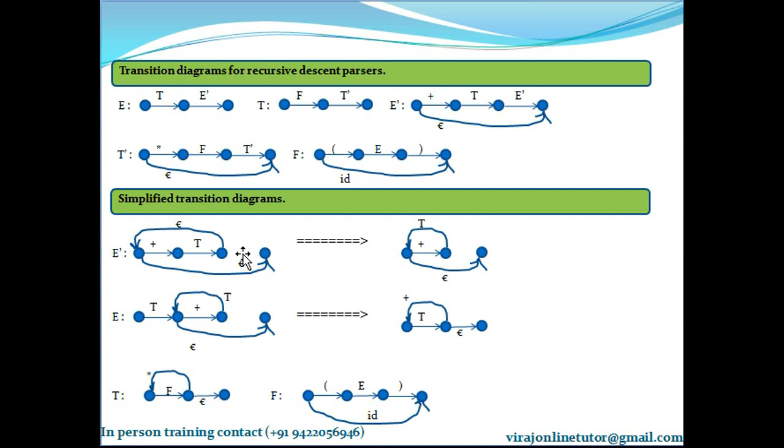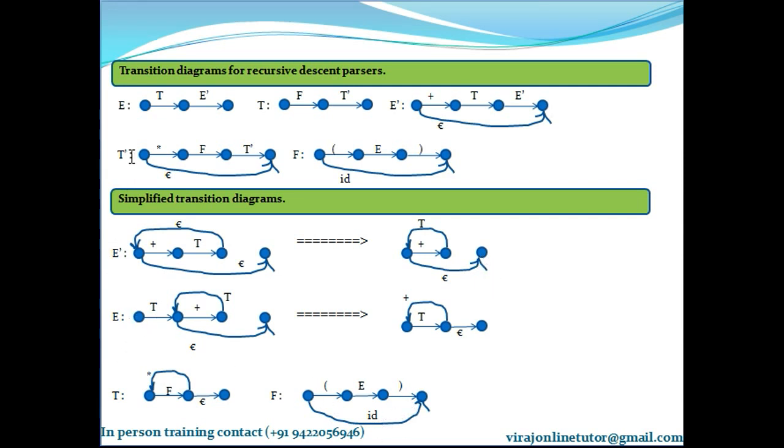So it is plus T and again you are coming to E dash, which is this diagram itself. So on epsilon you come here. This I have optimized by putting epsilon, which is as good as nothing. So it is plus T, plus T, plus T, and on epsilon go to final state.